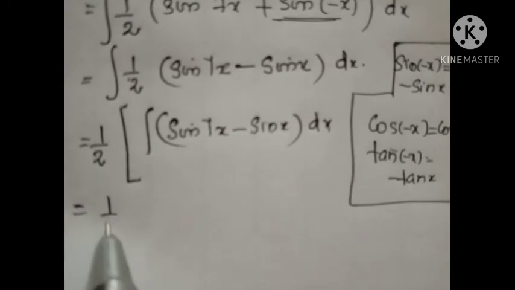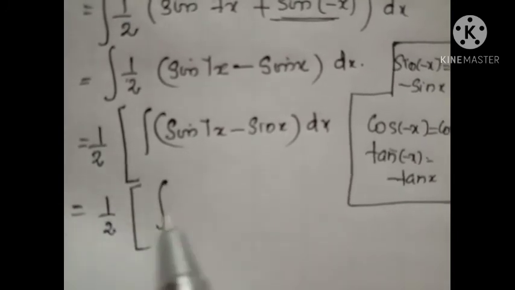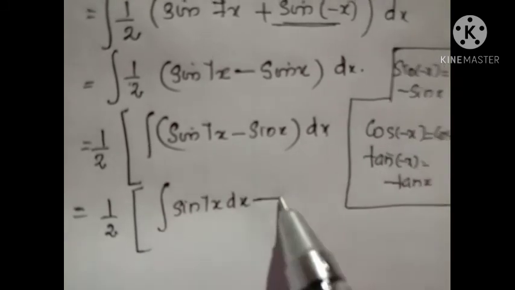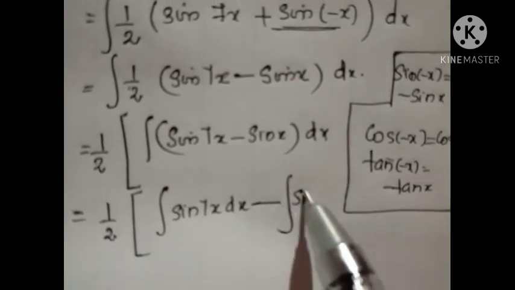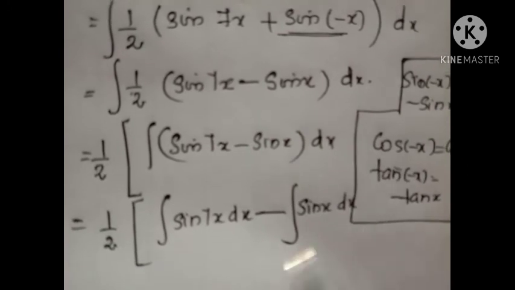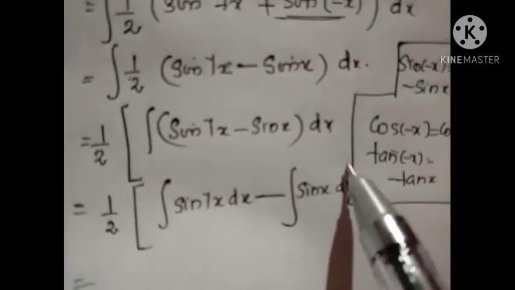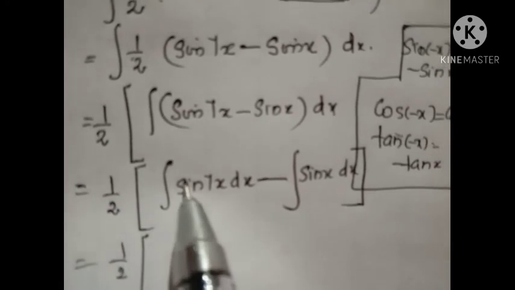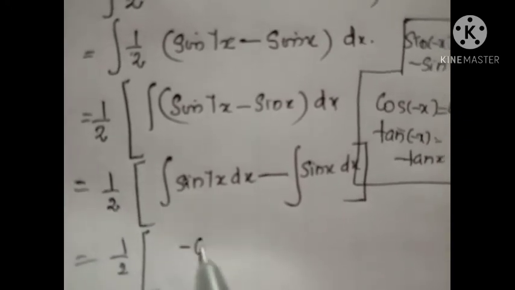Now separate the integral. So 1 by 2 into the integral of sin 7x dx minus the integral of sin x dx. What is the integral of sine? The integral of sine is minus cos.